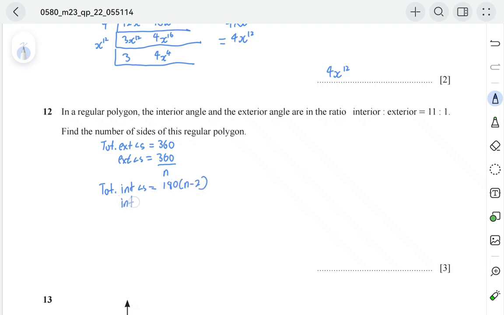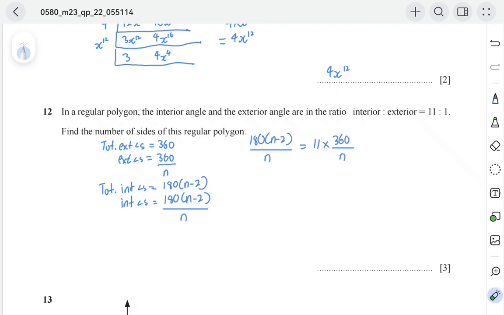So therefore, each internal angle is equal to 180 n minus 2 divided by n. So with this, we can make the equation 180 n minus 2 over n equals 11 times 360 over n.